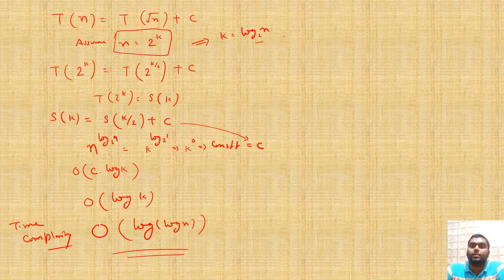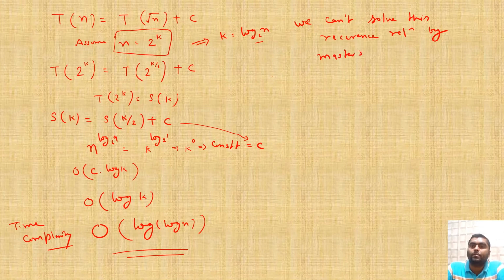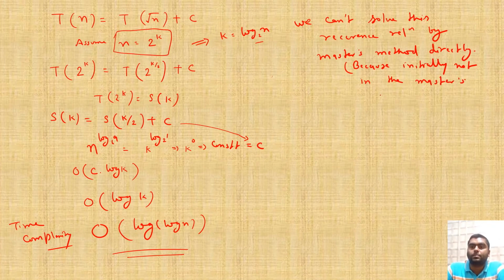So I'm writing here that we can't solve this recurrence relation by Master's method directly, because initially it is not in the Master's solvable form.